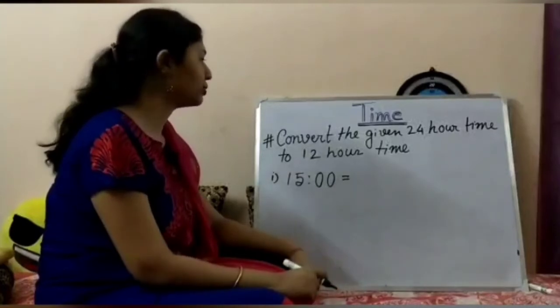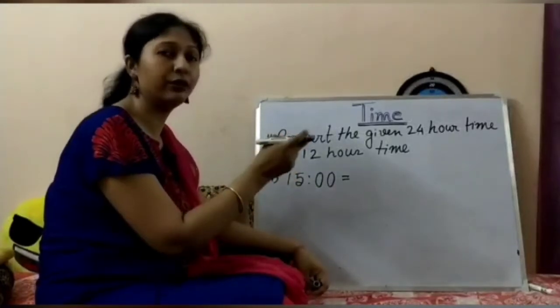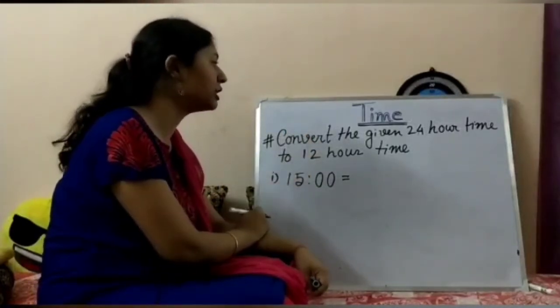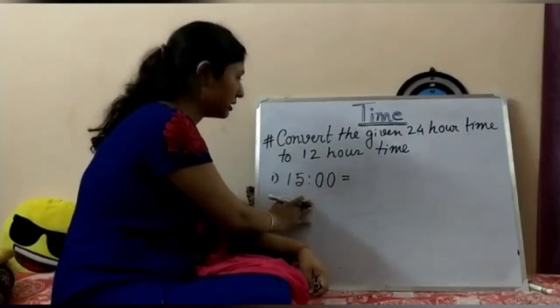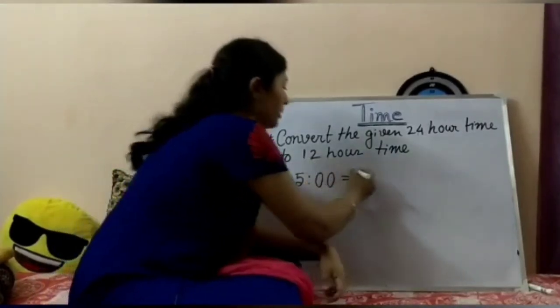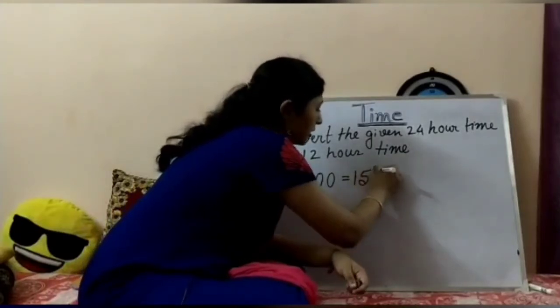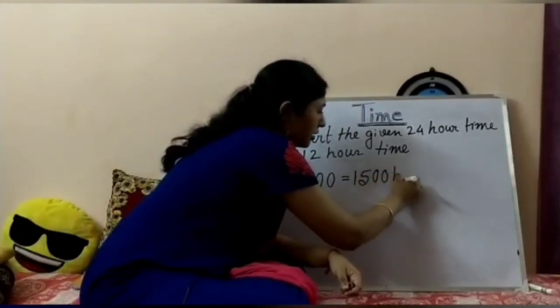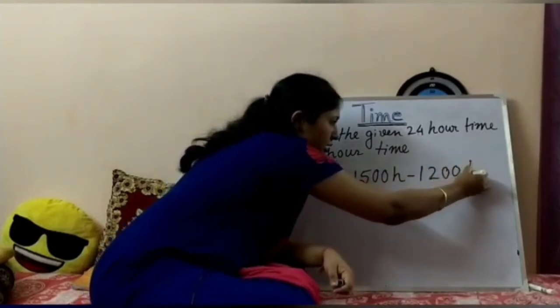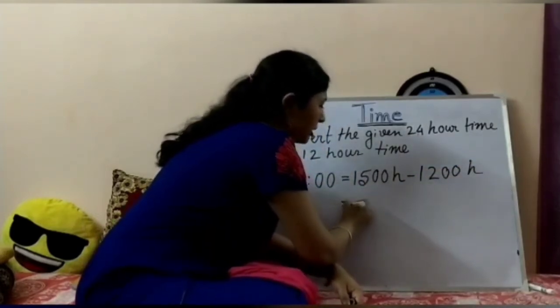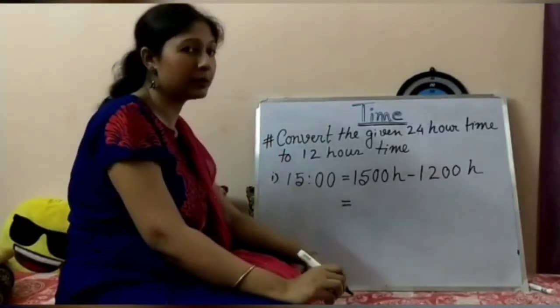Now I am going to show you how to convert 24-hour time to 12-hour time. Here I took 1500 hour. So how we will convert 1500 hour minus 1200 hour. Previously I shown how to do subtraction.